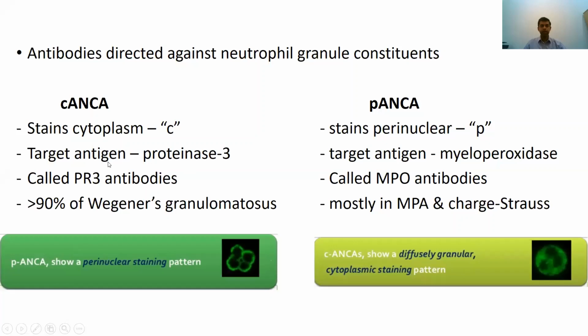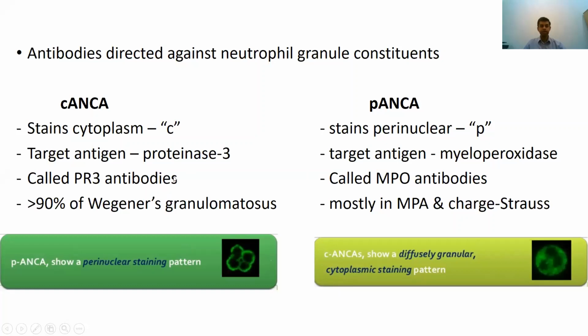The antigen here is what is called a proteinase 3 antigen. In P ANCA, the antigen is myeloperoxidase. So you develop this ANCA against this proteinase 3 antigen in the neutrophil. Therefore, you call them PR3 antibodies. In P ANCA, because the antigen is myeloperoxidase, the antibody is MPO antibodies.